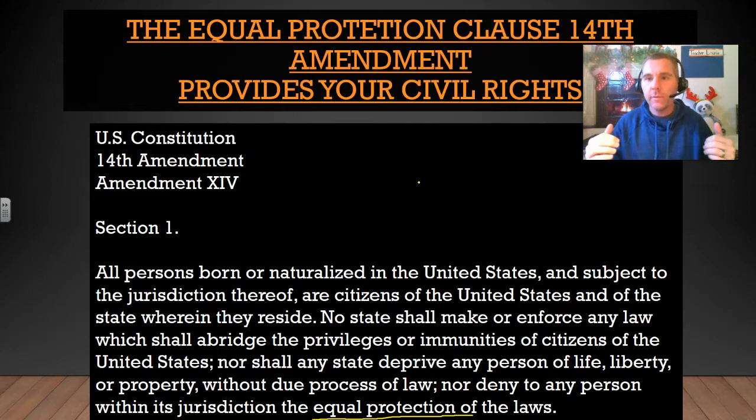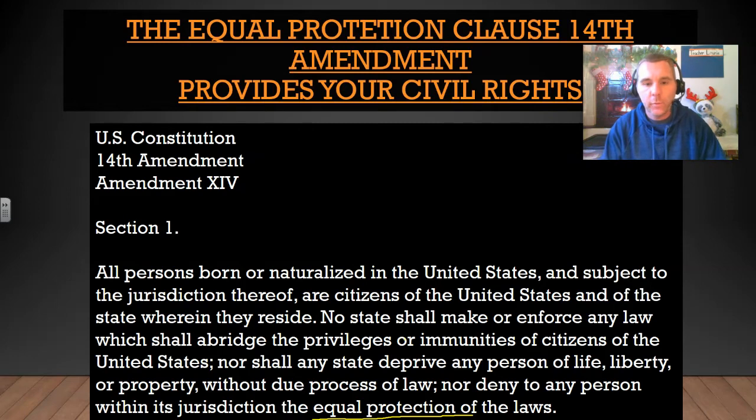But largely, we know that the 10th Amendment gives states power: all powers not given to the federal government are reserved to the states. The 14th Amendment, though, restricts states' power. It eliminates what the states could do. It basically says they now have to abide by these new laws, and they have to make sure that they protect the rights of citizens.